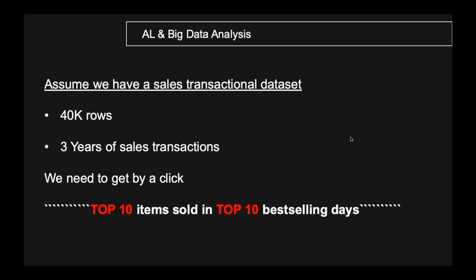So assume we have a sales transaction dataset with 40,000 rows and about 3 years of sales transactions history, and we should have a button in our extension to get the top 10 items sold in top 10 best selling days, right? So once again, top 10 items sold in top 10 best selling days.